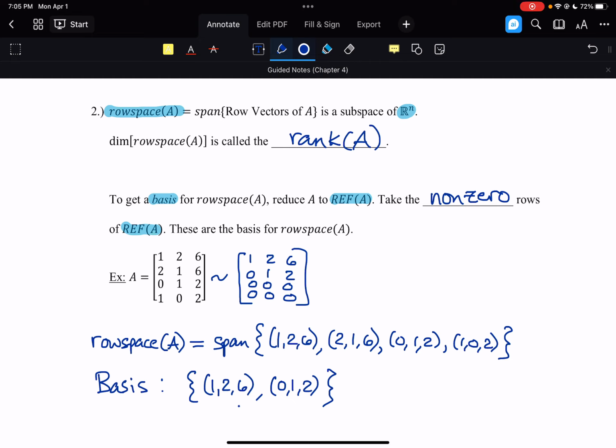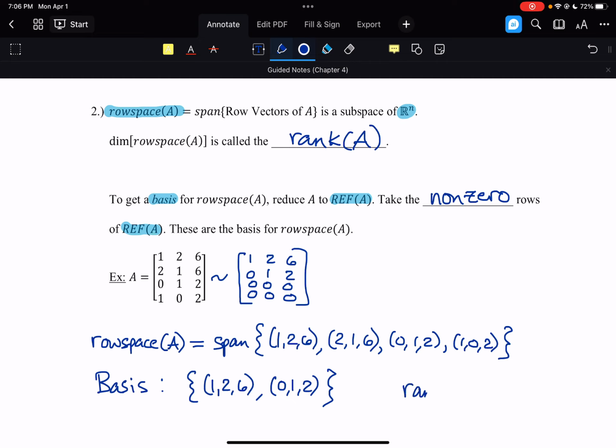So our basis here contains 2 vectors instead of 4. Okay, so these vectors here, we would be able to span with them, but they are actually linearly dependent in this current form. And by row reducing, we eliminate those linear dependencies as we put it into the basis.